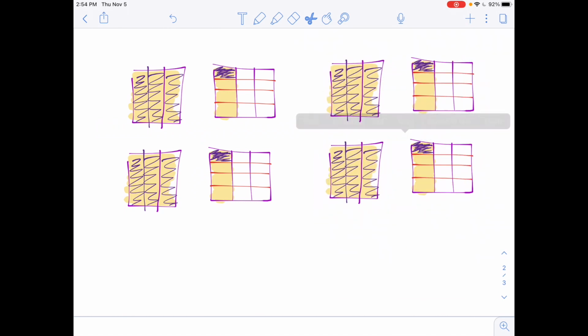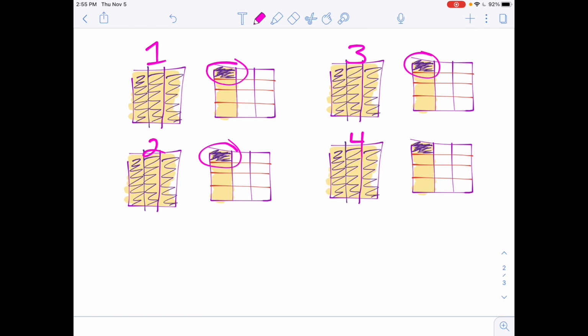Paste. All right. So if I did this 4 times, I would now have 1, 2, 3, 4 wholes plus 1, 2, 3, 4/12. So that would be 4 4/12, or 4 1/3.